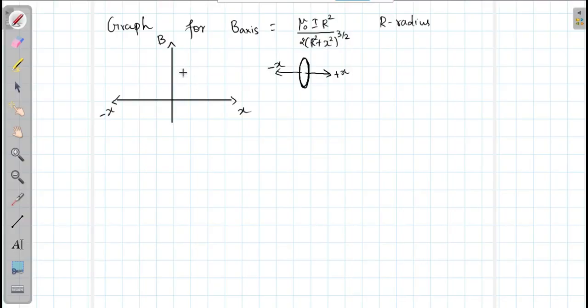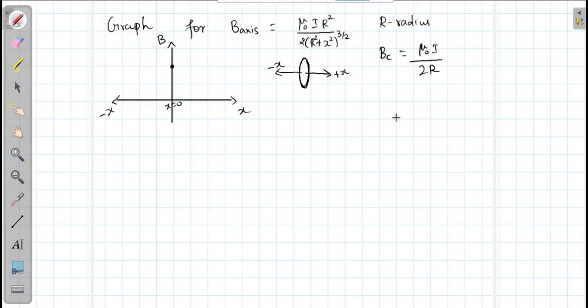Therefore, for the positive x value, if x equals 0, B is not equal to 0, B has a separate value. Because we know at the center it is mu naught I divided by 2r. Therefore, when x equals 0, we have a non-zero magnetic field. As you go along the x-axis, what happens now? It is decreasing.